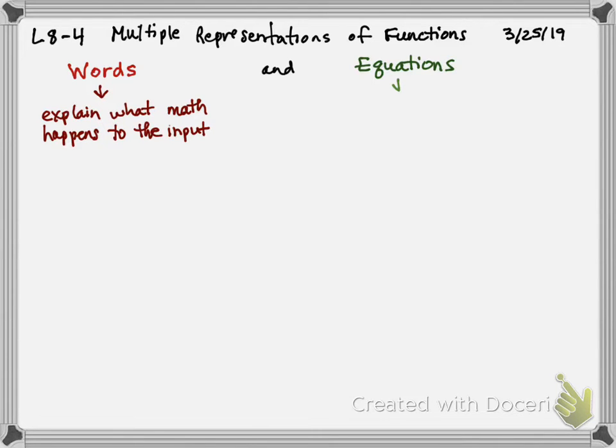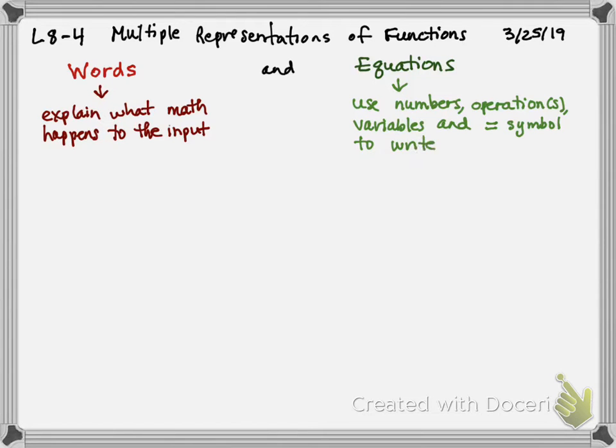Equations, we're going to use numbers, operation or operations, so it could be one, could be more, variables, and an equal sign or an equal symbol to write a function rule. So the function rule is going to be an equation.